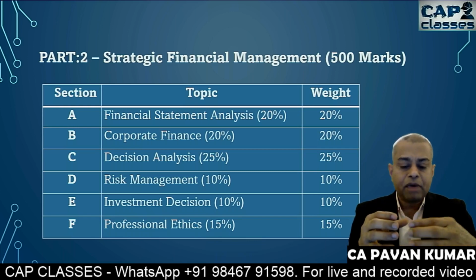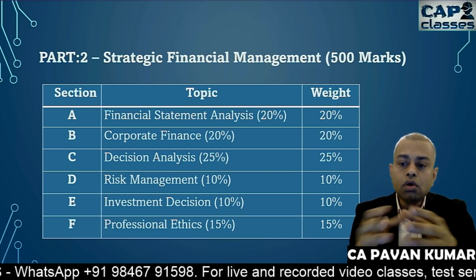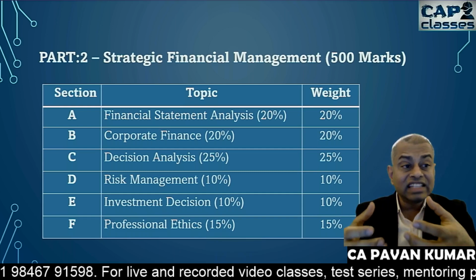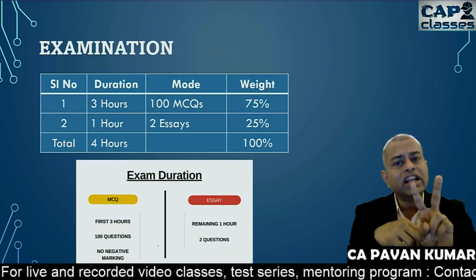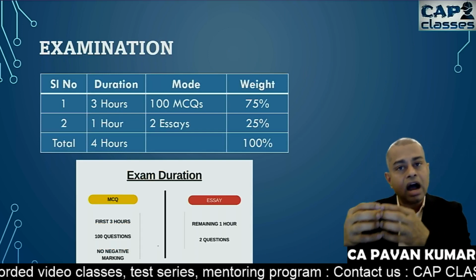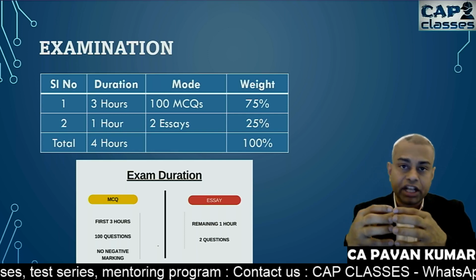Now the question is, part 1 is for 500 marks, part 2 is for 500 marks. So how are the examinations conducted? Let us look here. There are only 2 exams, part 1 one exam, part 2 one exam. And for 500 marks, do you need to write 500 MCQs? No, only 100 MCQs.